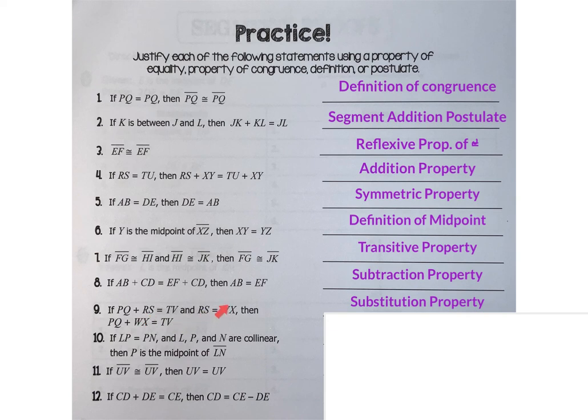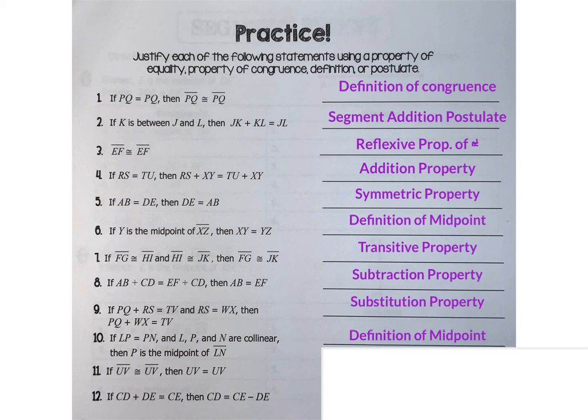They gave you something that equals RS, and then they substituted that in for RS in this equation. So this is substitution. If LP equals PN and L, P, and N are collinear, then P is the midpoint of LN. LP equals PN, and they had to tell you they were on the same line. So from LP to PN, what was that?